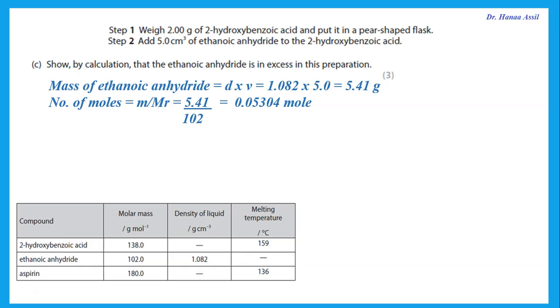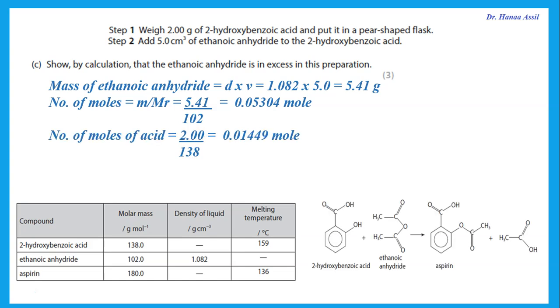Now, the 2-hydroxybenzoic acid, we're given 2 grams of 2-hydroxybenzoic acid. I can use that to get the number of moles of the acid, mass over molecular mass, that is given. From the equation that was given at the beginning of the question, we can tell that 1 mole of 2-hydroxybenzoic acid reacts with 1 mole of ethanoic anhydride.